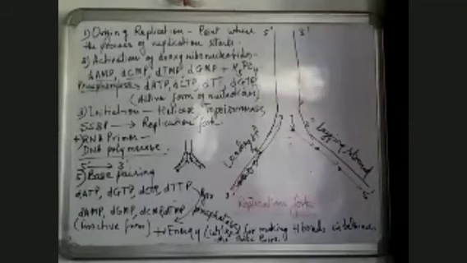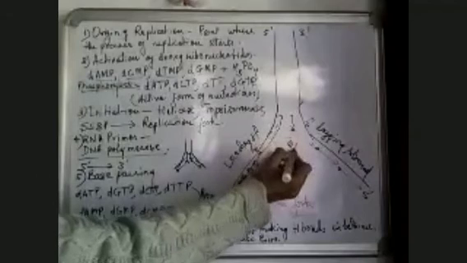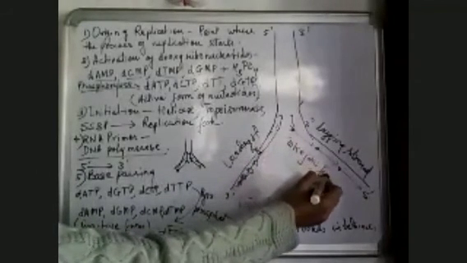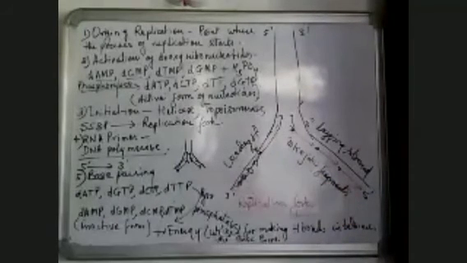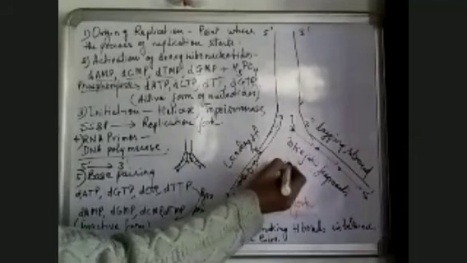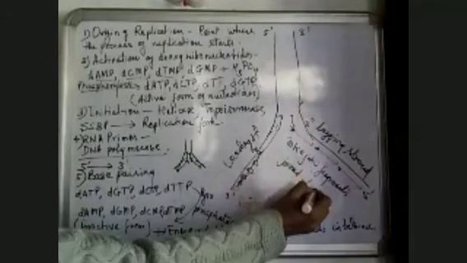Okay. Now what happens? These fragments which are formed are known as Okazaki fragments. Now, we want a complete stretch of DNA. So these Okazaki fragments are joined by using the enzyme ligase.